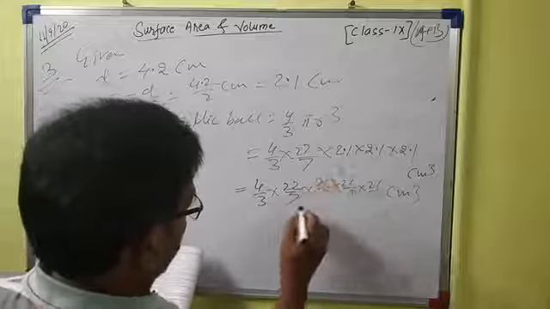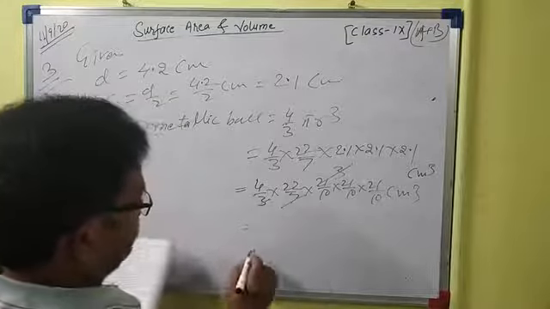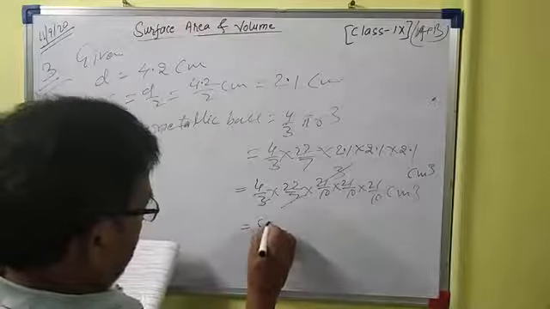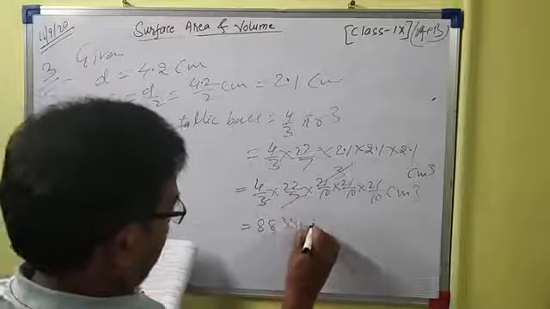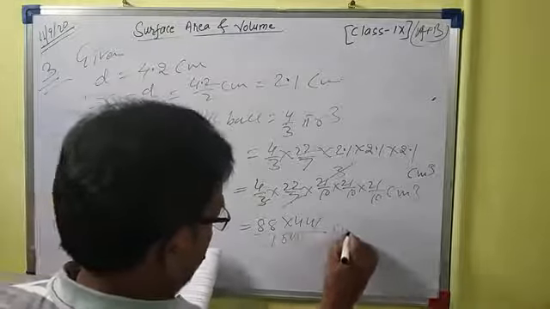This is 3 cancel, equal to 88 into 441 upon 1000 cm cube.